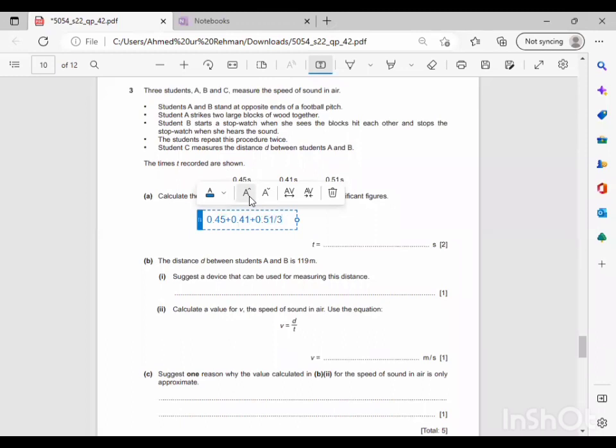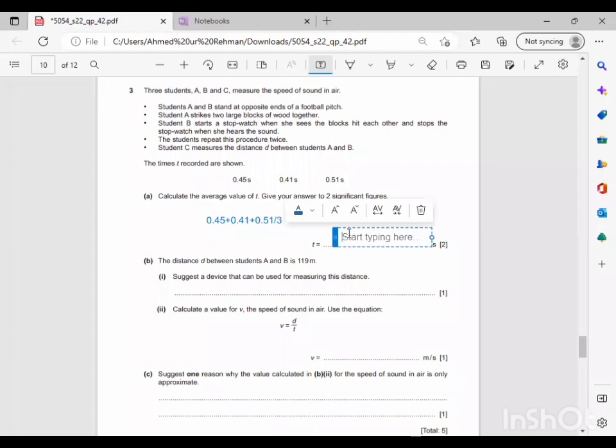That gives me 0.456666. So you can round it off to 0.46. So that's it.